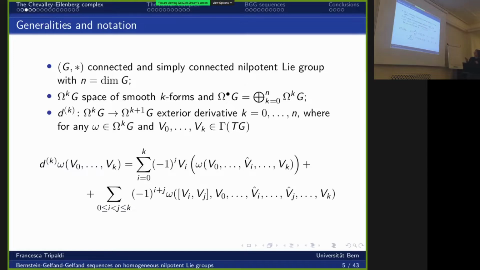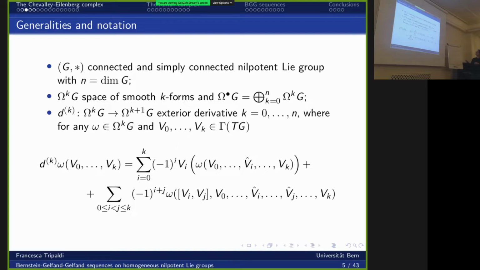Okay, so we're going to be working with a simply connected nilpotent Lie group. At the moment, I'm not requiring anything on the homogeneity; I'm going to introduce what homogeneous means later.